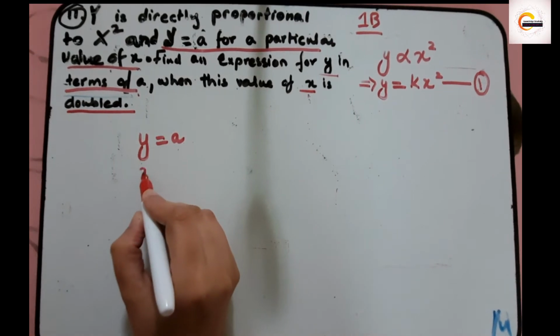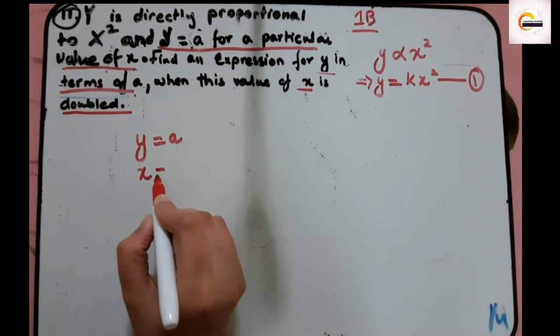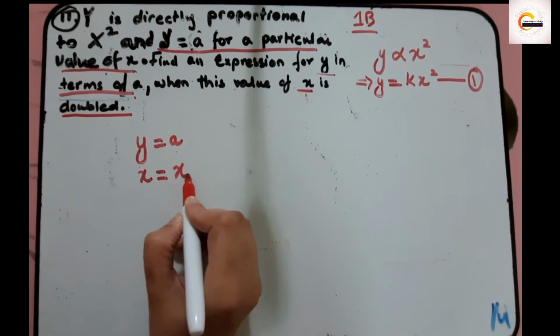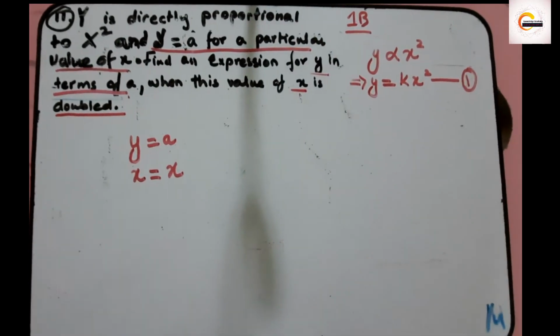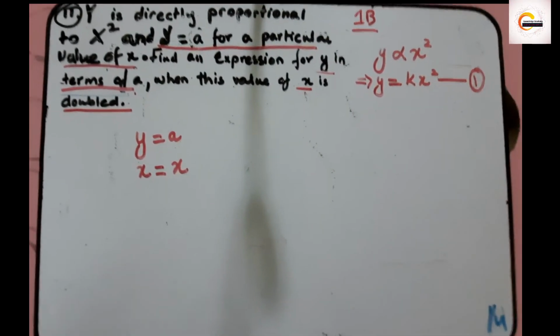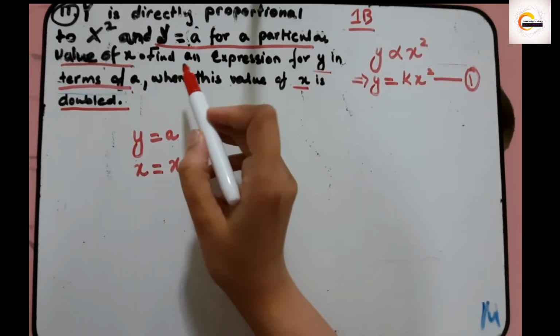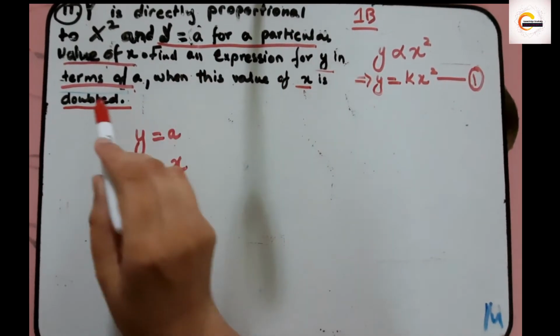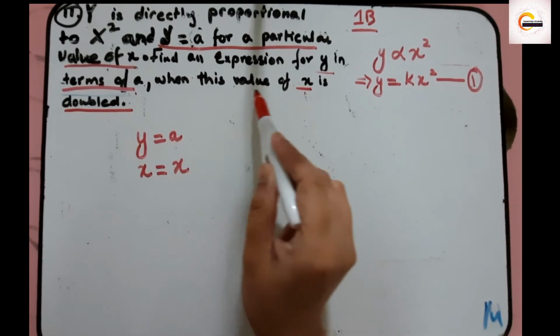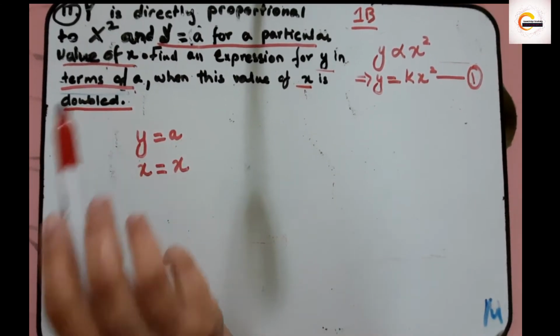So what would be the value of x? The value of x will remain x. Now, find an expression for y in terms of a when this value of x is doubled.